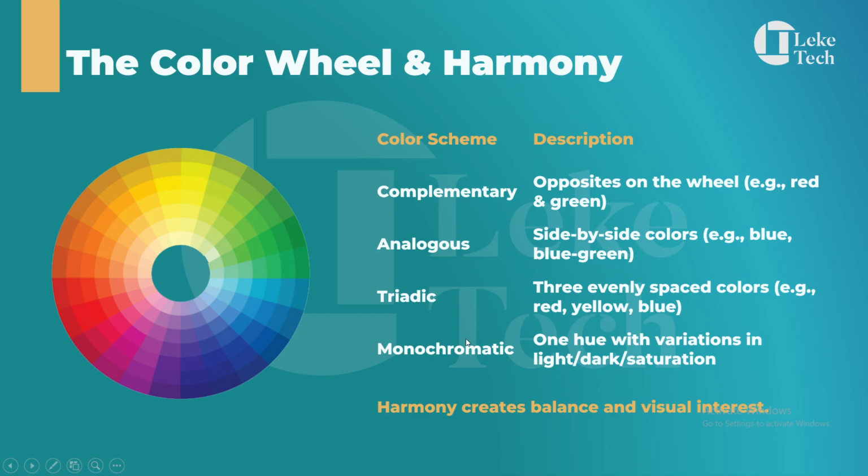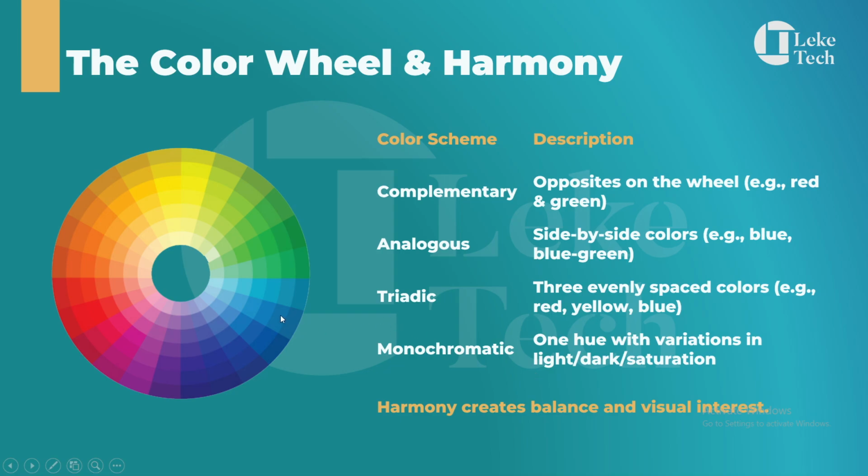They have the monochromatic, one hue with variations in the light and dark saturation. For the monochromatic, for example, we take this blue here. These are the variations now. You see, as we go forward, it becomes lighter and lighter until it becomes completely white. And if you go down, it becomes dark and darker until, if you continue like this, it becomes completely black.